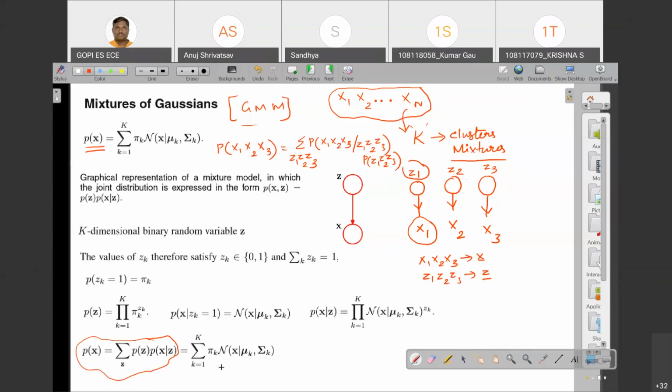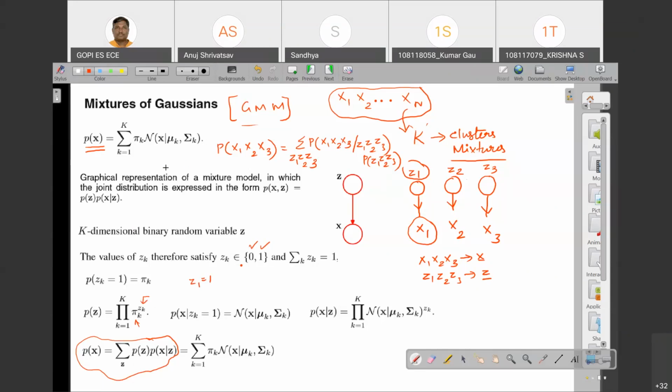And we can write this like this, using exactly the same technique, as Zk takes either the value 1 or 0. We are able to write the probability of Z as the product, k varying from 1 to K, of the prior probability pi k to the power Zk. It depends upon the value of Zk. Suppose Z1 is 1, then only you get this pi 1; the other terms are going to be 1.